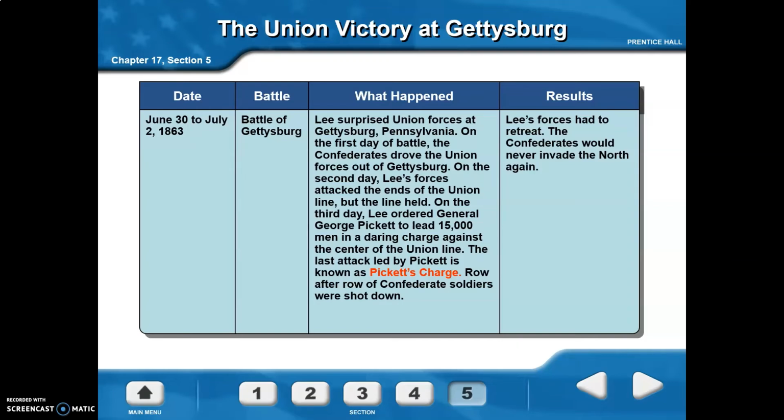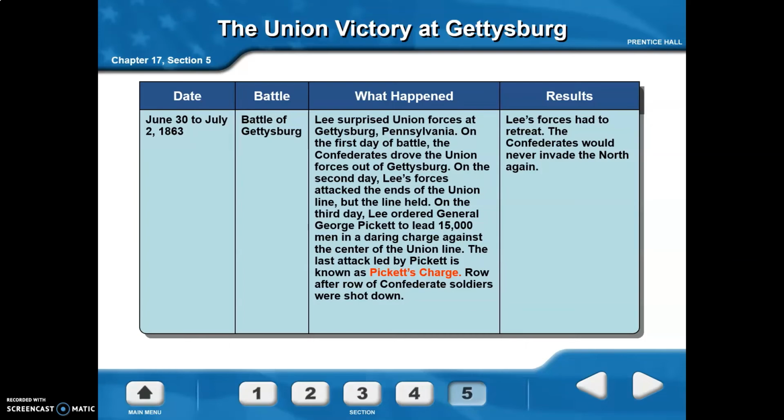So on the second day, Lee's forces attacked the ends of the Union line, but the line held. So the Union forces were like along this line. It's kind of hard to talk about without you seeing it. And they held that line when Lee's forces came. And so they retreated.